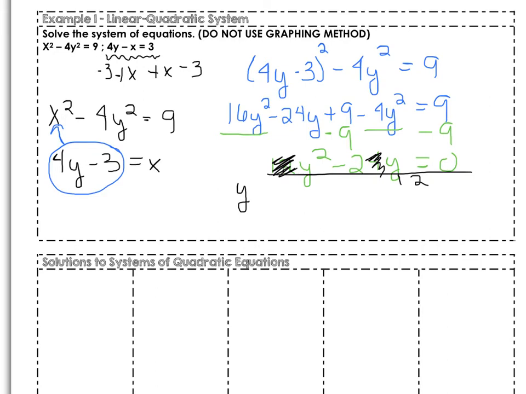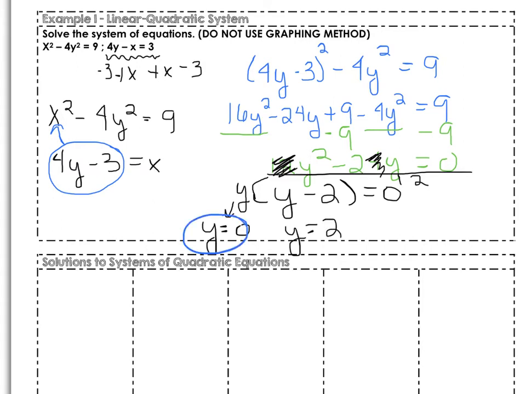So when I factor out a y from both terms here, I'm left with y times y minus 2. And then once again, I can use my product property here, and I'm going to get solutions where y is 0 and where y is 2. Now notice here we actually got the y coordinates first. So now we can plug these values into our linear equation to find our values for x.